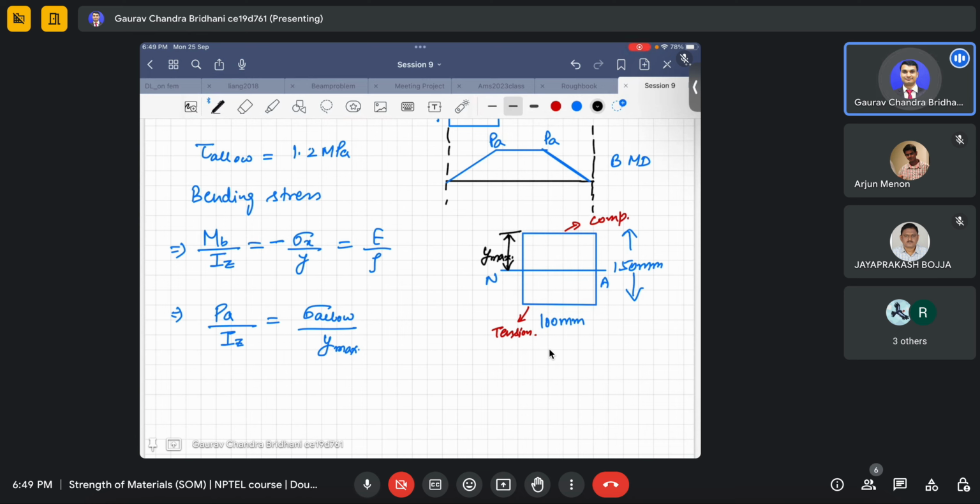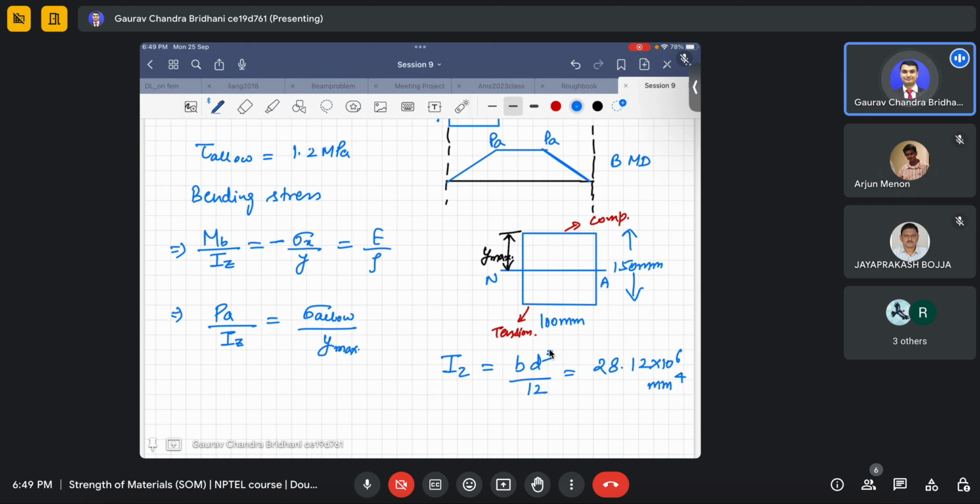Now we need to find Iz. This neutral axis itself is the z axis. So Iz will be b d cube by 12 about that axis, which is 28.12 into 10 power 6 mm power 4.